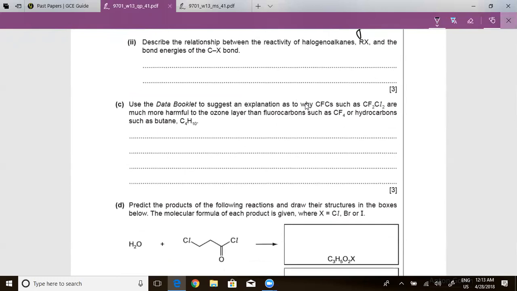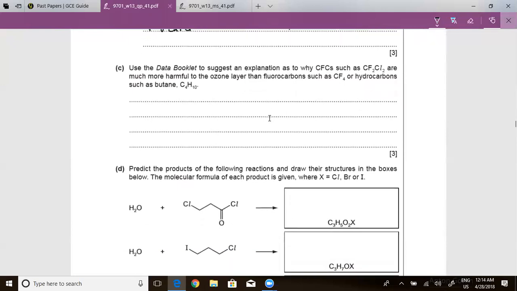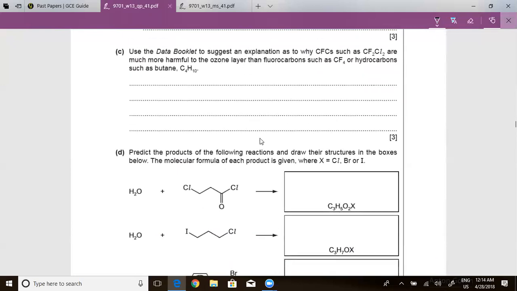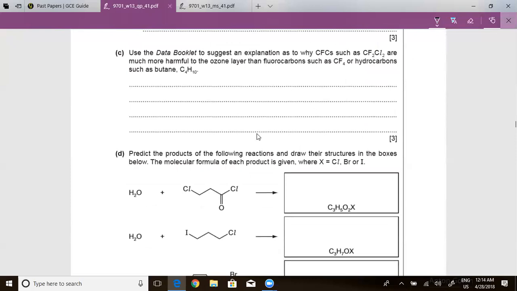Describe the relationship between the reactivity of halogenoalkanes and the bond energies of the C-X bond. So the weaker the C-X bond, that means the more reactive the RX is. ठीक है, क्योंकि जितना आसानी से बॉन्ड टूटेगा उतनी आसानी से रिएक्शन होगा. So as this goes weaker, reactivity goes up. Use the data booklet to suggest an explanation as to why CFCs such as CF2Cl2 are much more harmful to the ozone layer.